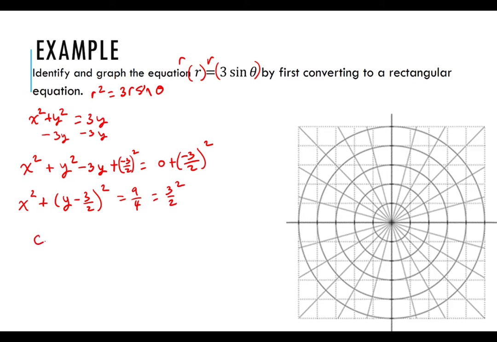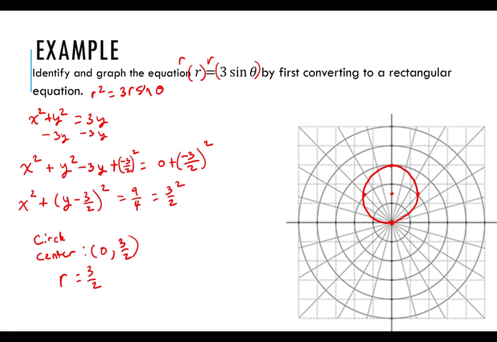Then we note that we have a circle with center, remember to change your signs, being 0, 3/2, and the radius is equal to 3/2. So our center, go up to 3/2, and then I'm going to go up 3/2 for my radius, down 3/2, left 3/2, and right 3/2.